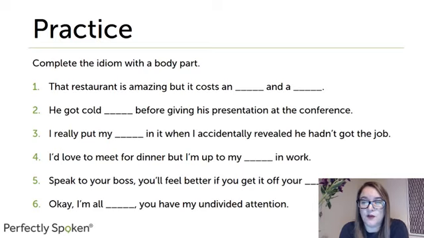Number 4, I'd love to meet for dinner, but I'm up to my blank in work. Number 5, speak to your boss. You'll feel better if you get it off your blank. And number 6, okay, I'm all blank. You have my undivided attention. Pause the slide and see if you can input the correct body part to complete the idiom.